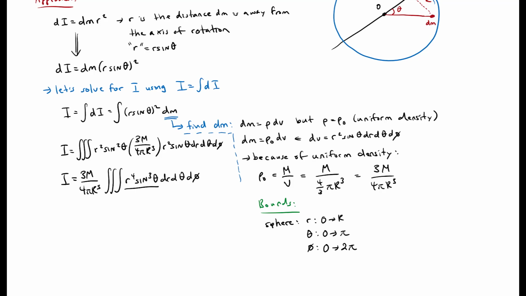So looking at this, I know that I can separate this into r to the 4 and sine cubed theta, which means I can create 3 separate integrals. The integral from 0 to r of r to the 4 dr, the integral from 0 to pi of sine cubed theta d theta, and the integral from 0 to 2 pi of d phi.